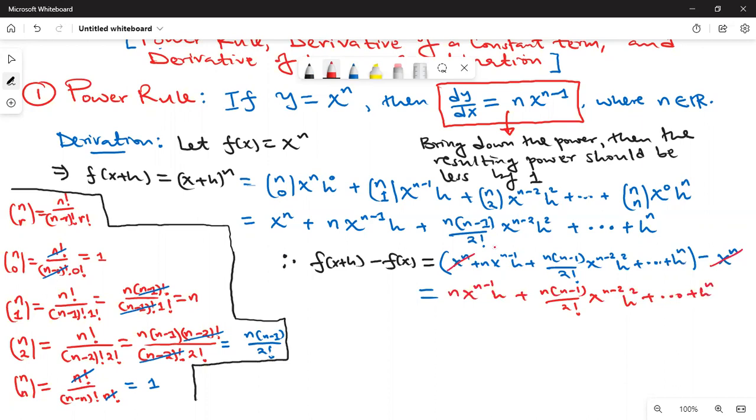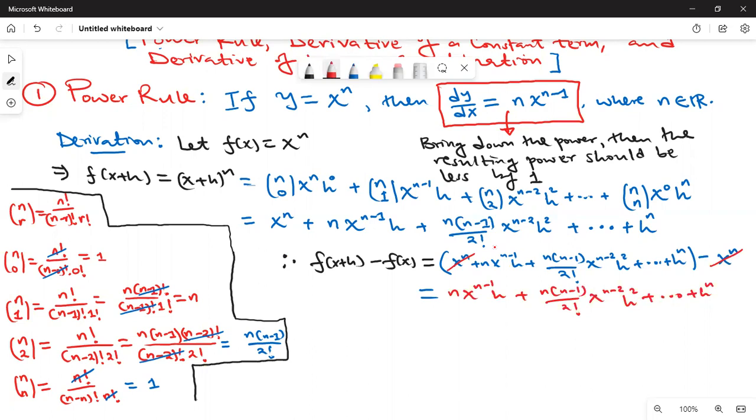And so here, anything that is common can be factored out. I can see h is common.